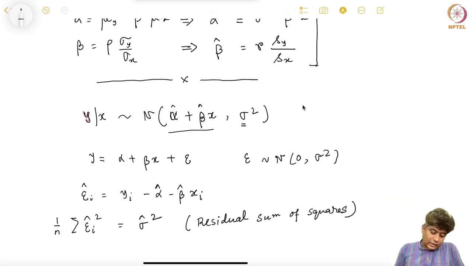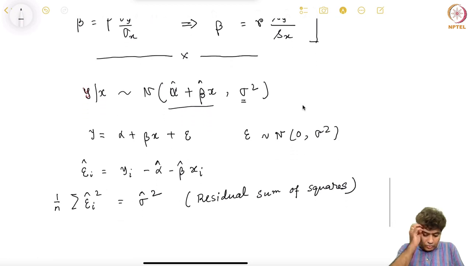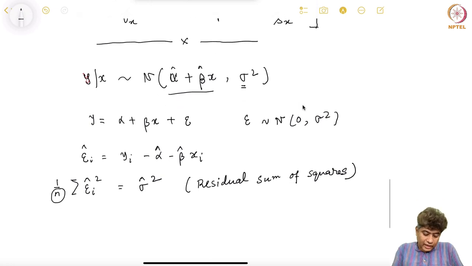This is sometimes called the residual sum of squares. Now I understand some of you may object here that I am using 1 by n as a denominator. In some of the books, the formula for the residual sum of squares is 1 over n minus 2 times the summation i equal to 1 to n of epsilon i hat square.